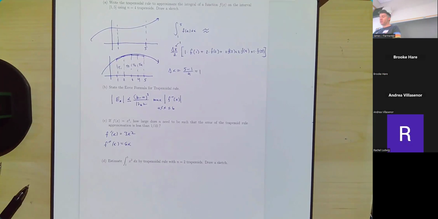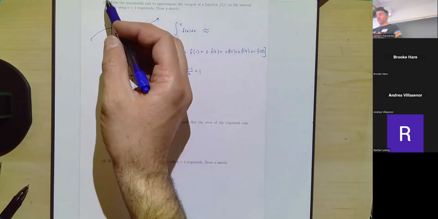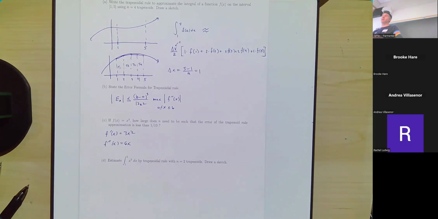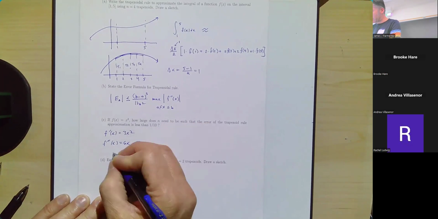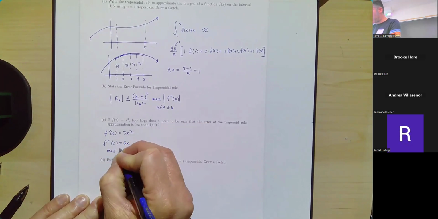I'm concerned. Okay. So I find this personally tricky because I forgot that this is still part of the same problem and our interval is from 1 to 5. I needed that part, right? Because you have to say, great, there's my second derivative. So what's the max of the absolute value of my second derivative?